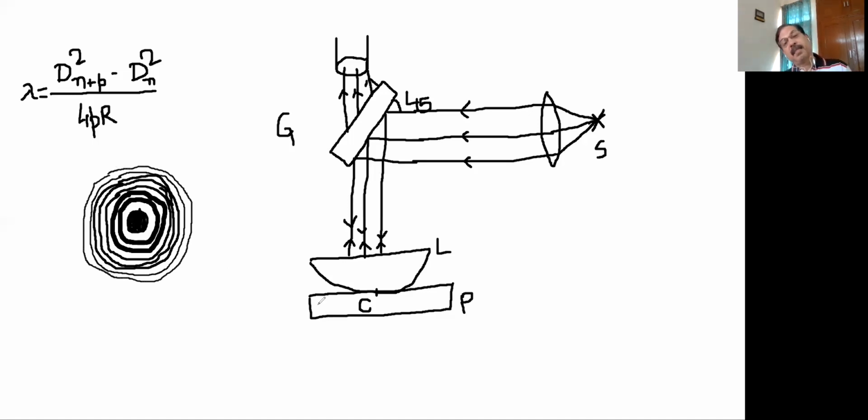This figure is the experimental setup of the Newton's ring experiment.